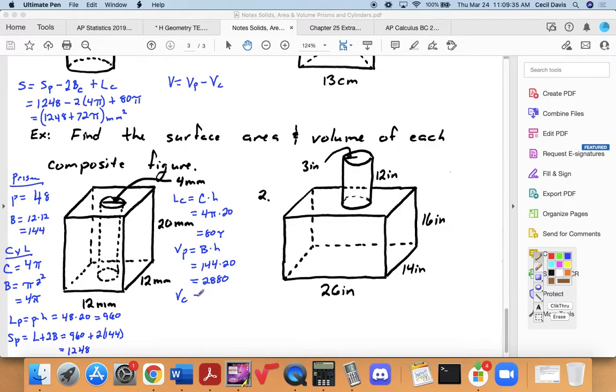The volume of the cylinder is also area of the base times the height. So it's 4 pi times 20, which is 80 pi. So this is 2,880 minus 80 pi cubic millimeters.